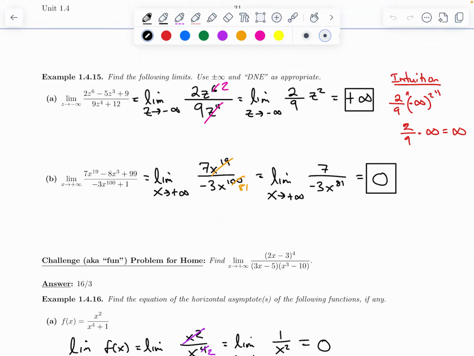We saw that in 1.4.15, A and B. In part A, you can immediately get rid of the minus 5z cubed plus 9, and the plus 12 in the denominator, and then reduce that, cancel some stuff out and see what happens. So 2/9 z squared, as z goes to negative infinity, that would be positive infinity, because it's negative infinity squared, and anything negative squared becomes positive.